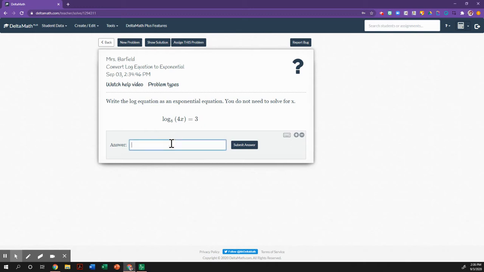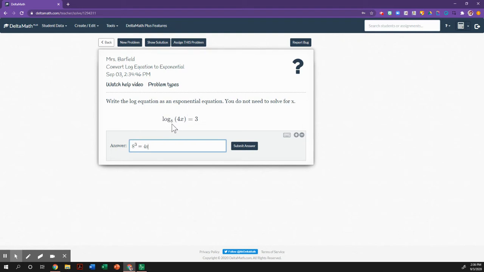So if I have log base 8 of 4x equals 3, how do I rewrite that as an exponential equation? If you remember from the last video, the base of the logarithm is the base of my exponent, and my answer is the exponent, equals 4x.